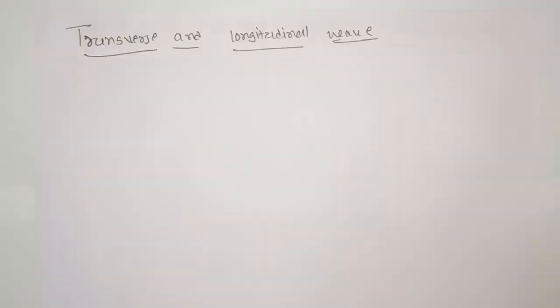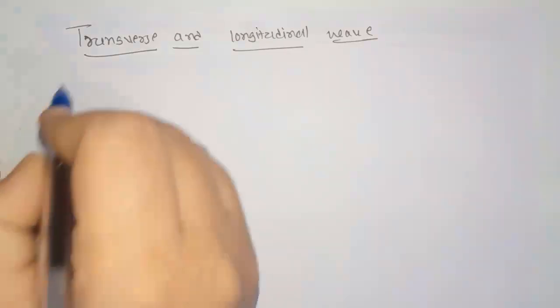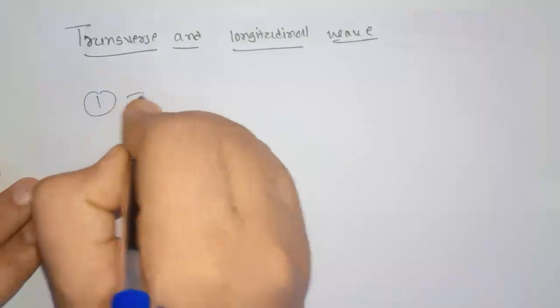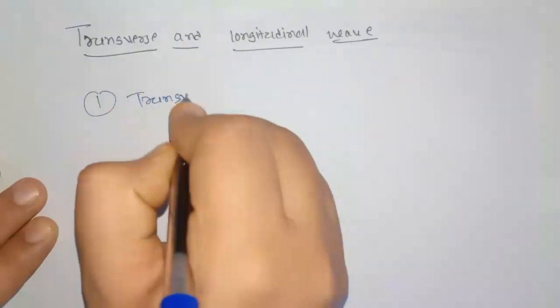Now, let us see the types of mechanical wave. The mechanical waves can be transverse wave and longitudinal wave. So let us see one by one what is transverse wave and what is longitudinal wave.